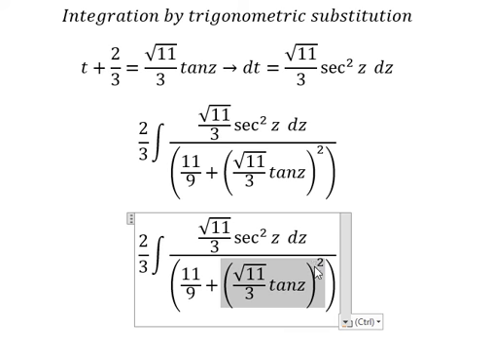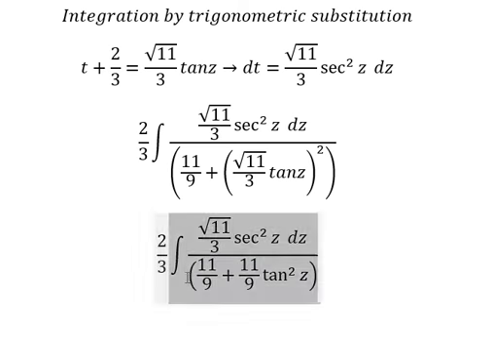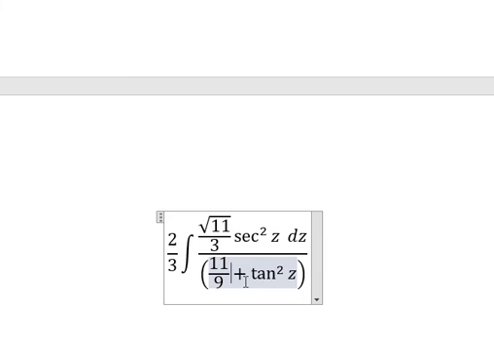So, this one we have 11 over 9 tan z square. So, 11 over 9 we can do factorization.